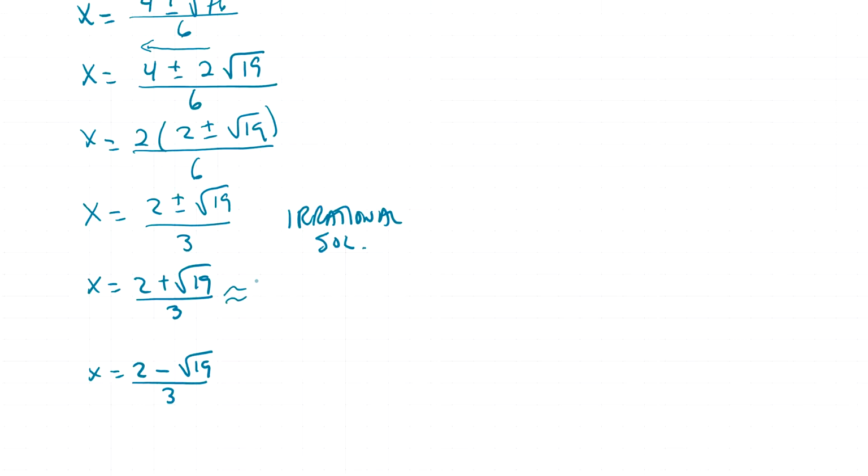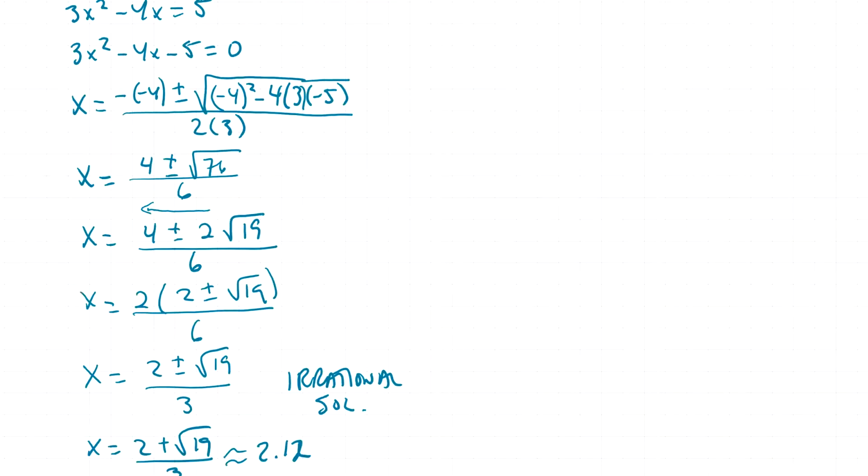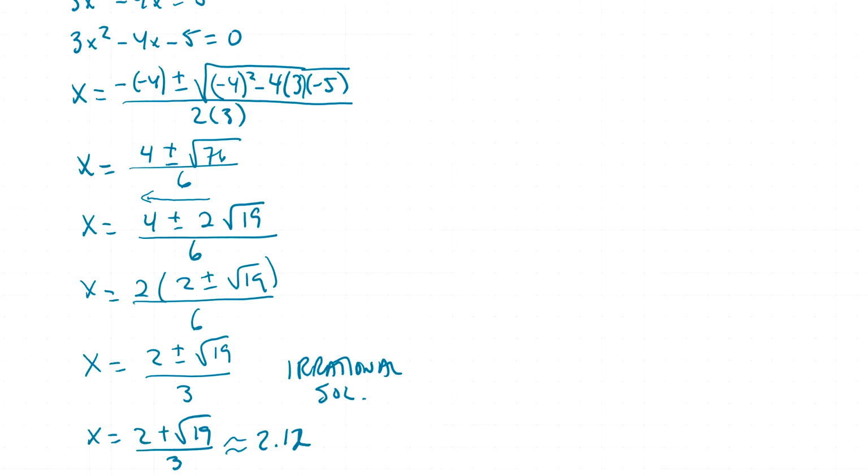So this would be 2 plus the square root of 19, and then divided by 3. And so this would be roughly 2.12. And then 2 minus square root 19, and then divided by 3 is negative 0.79.